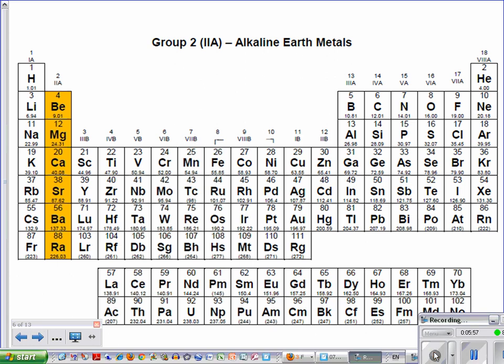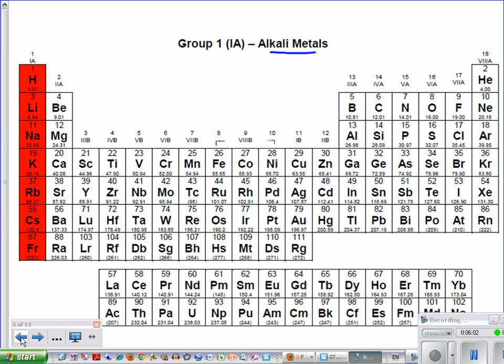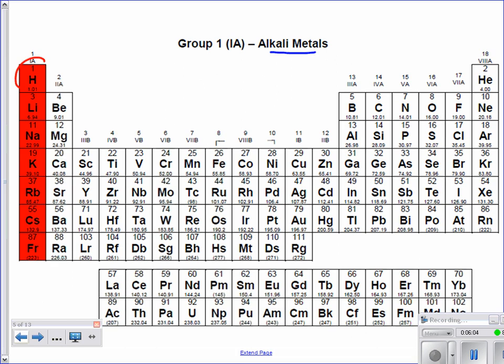I did just have a question: why is hydrogen considered an alkali metal? We know hydrogen is a gas, and often when we think about electron configuration, we'll say, let's not put hydrogen over here, let's think about hydrogen as being over here. We do that at times, but it does have similar properties in that all of these have one valence electron.